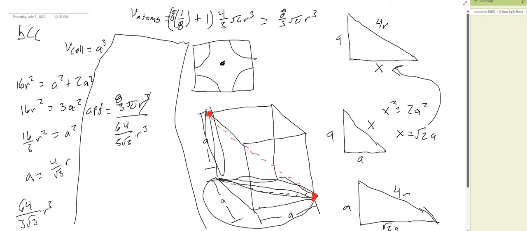R cubes cancel out. 3's cancel out. 64 turns into 8, and this 8 goes away. So now we're going to be left with 8 root 3.